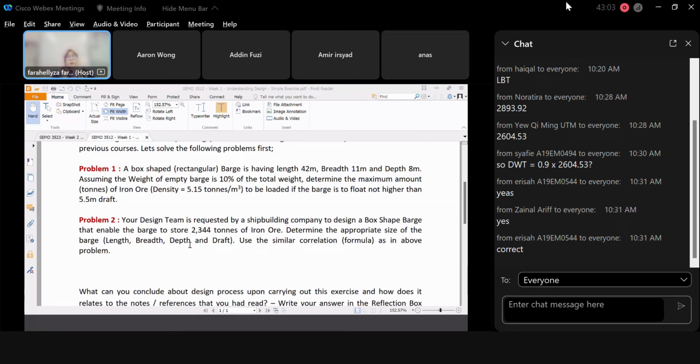But if you look at problem 2, your design team is requested by a shipbuilding company to design a box-shaped barge. So this is your ship type. This box-shaped barge must be able to store 2344 tons of iron ore. This is the DWT, deadweight tonnage, which is the cargo tonnage, the cargo you bring on board the vessel.